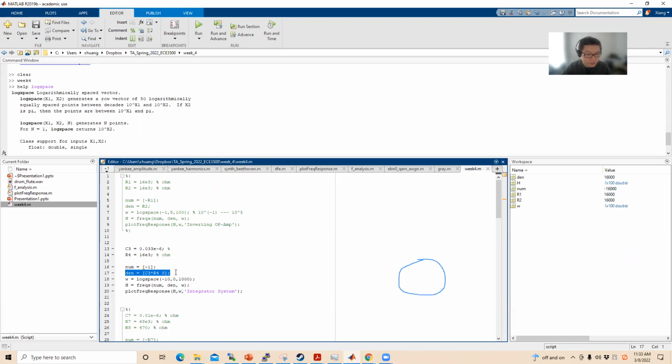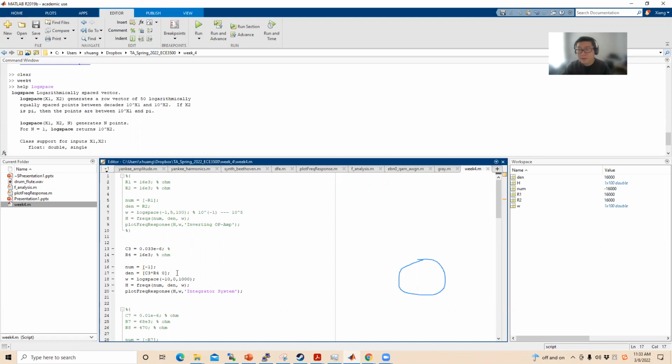So this is our first order coefficient, but since this is a vector, we still need to define its zeroth order coefficient. Since the zeroth order coefficient is 0, we just put 0 here.